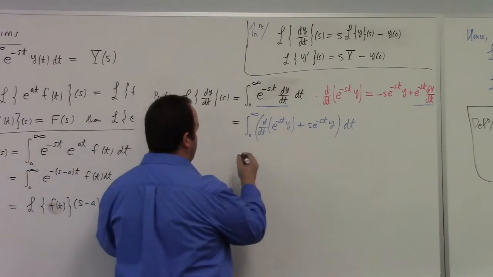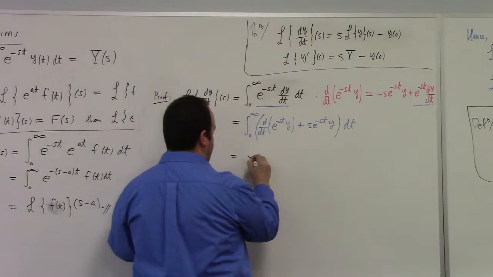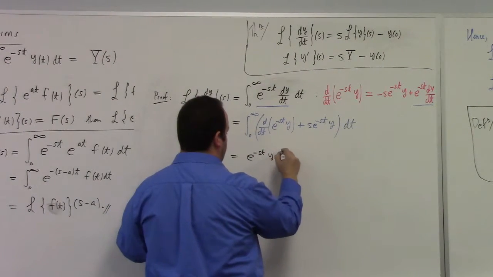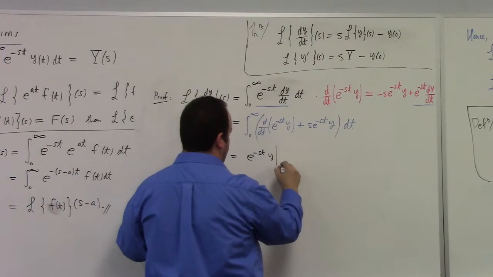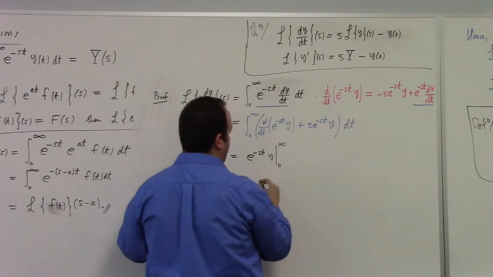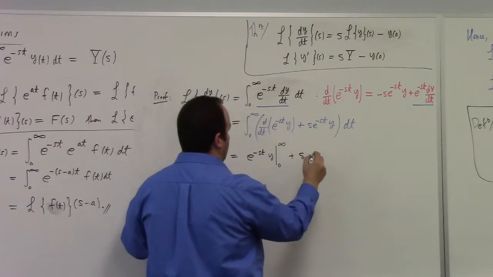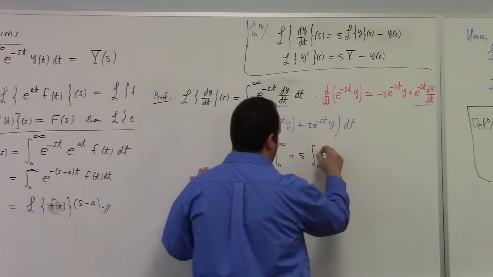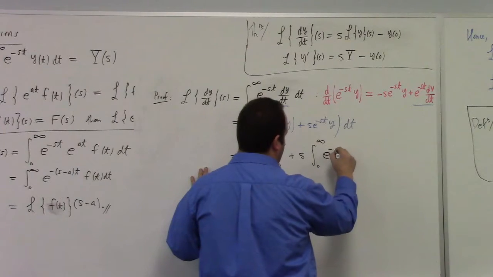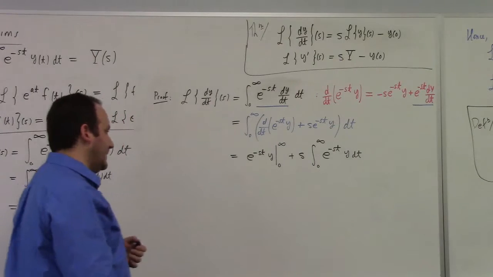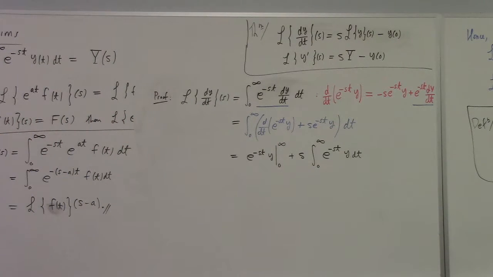So then what? This is e to the minus st times y evaluated from 0 to infinity. Then I have plus s times the integral from 0 to infinity of e to the minus st times y dt. This is where the exponential order alpha thing comes in.